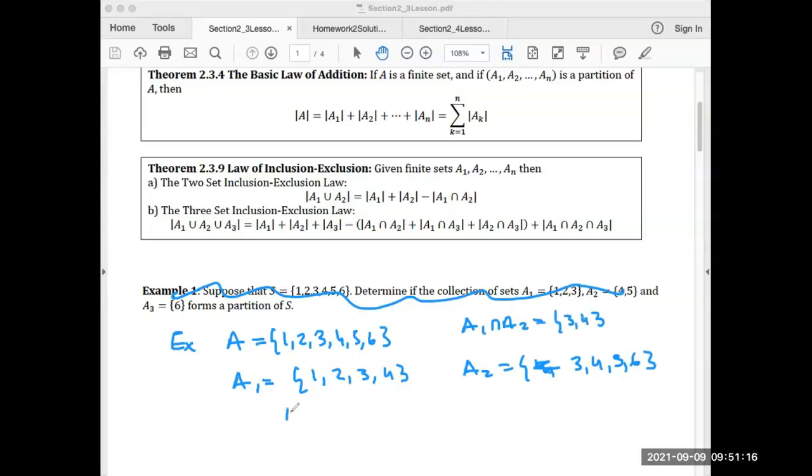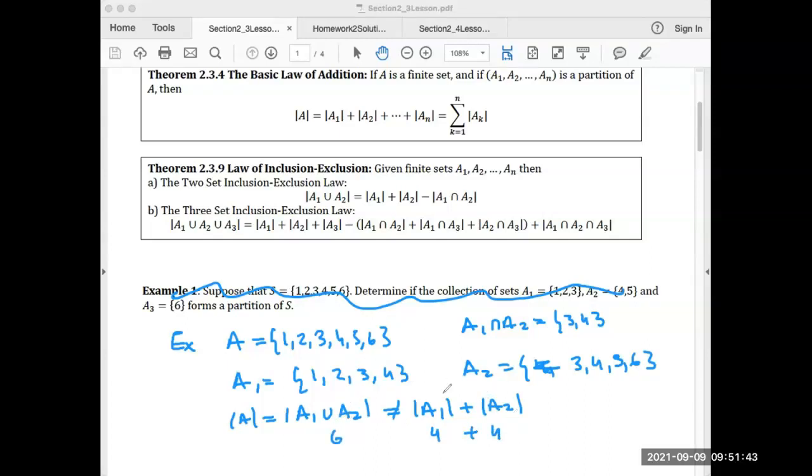So consider the cardinality of A1 union A2. A1 union A2 is the original set, so this is set A. This is not going to be the cardinality of A1 plus the cardinality of A2, because it's too many, right? There are 4 in A1 and 4 in A2, and that would add up to 8, but there are only 6 elements in the union.